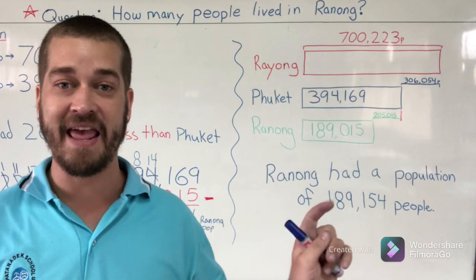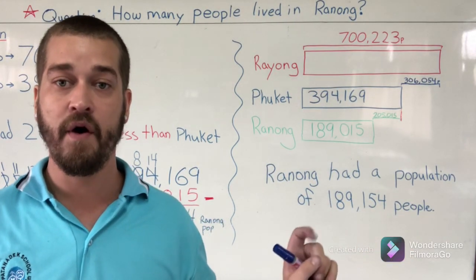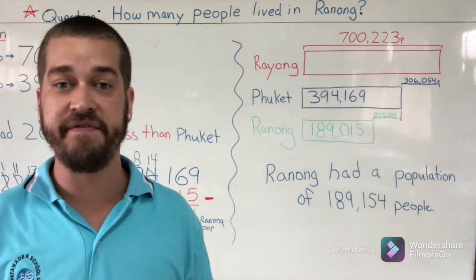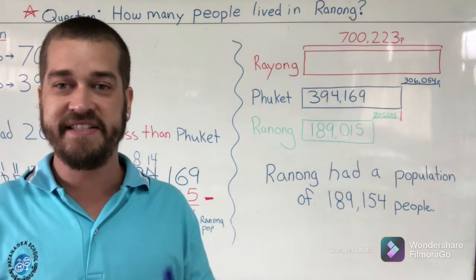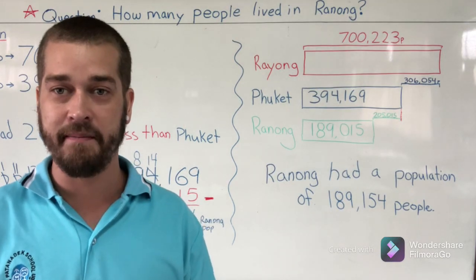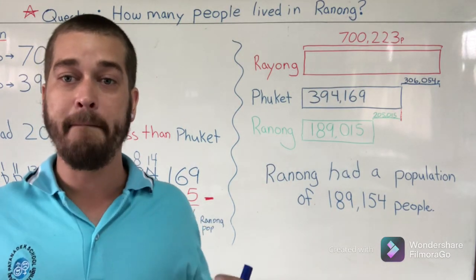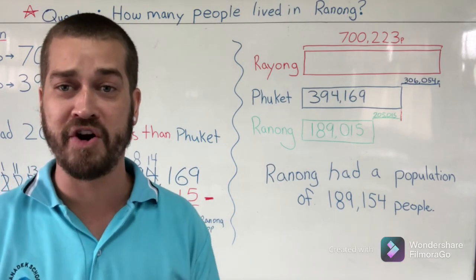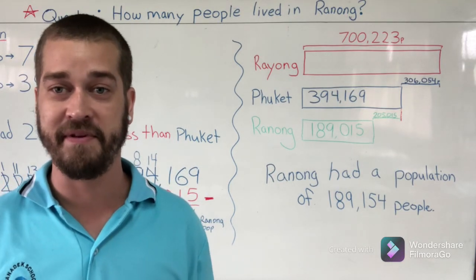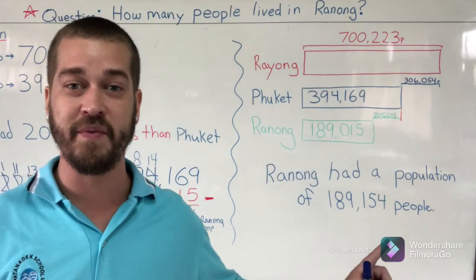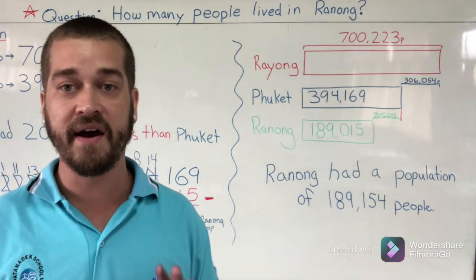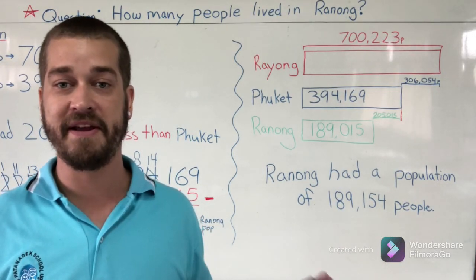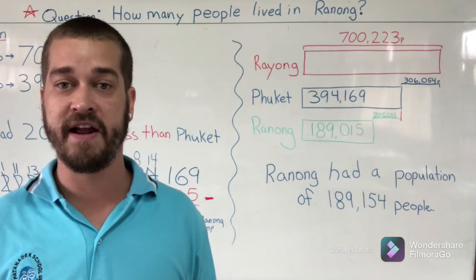So Renong had a population of 189,154. Now, I didn't put a period after the number. Why? Because populations could be anything. We could be talking about bird population or dog population, okay? So we need to make sure that we add people. We're talking about people in this problem. People is our units. We need to make sure that we keep that and put it in our answer.